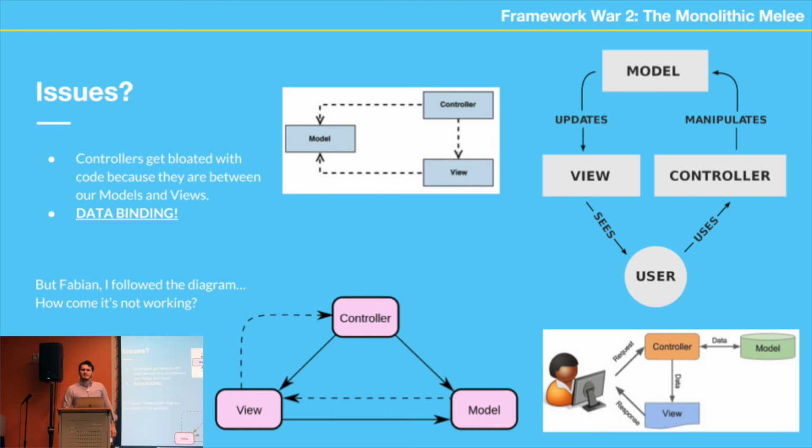MVC was meant to be very small components. I feel when we were developing these frameworks, we just said, oh well, we have model view controller, let's just use that. I personally don't believe it was meant for its use case today, but that's to be seen.